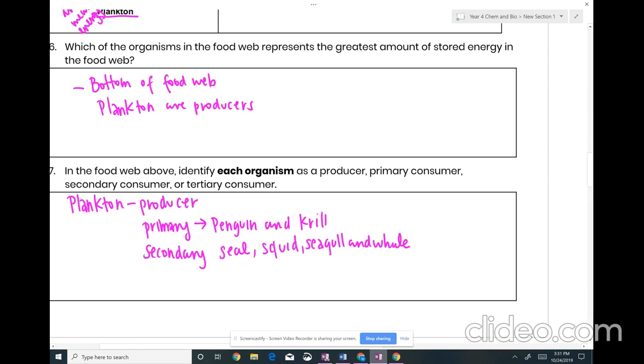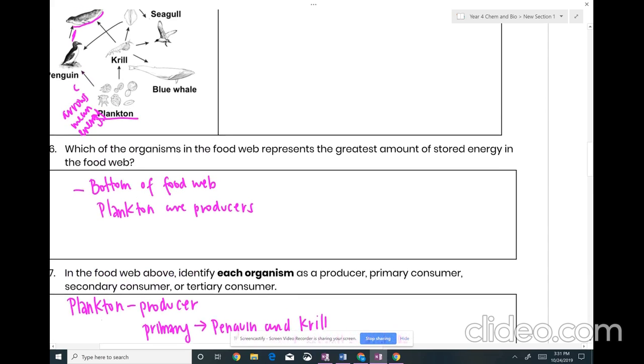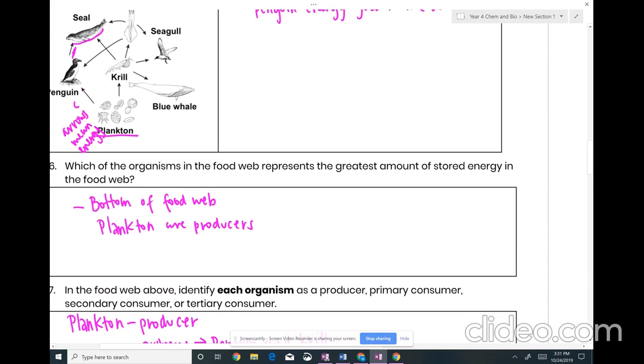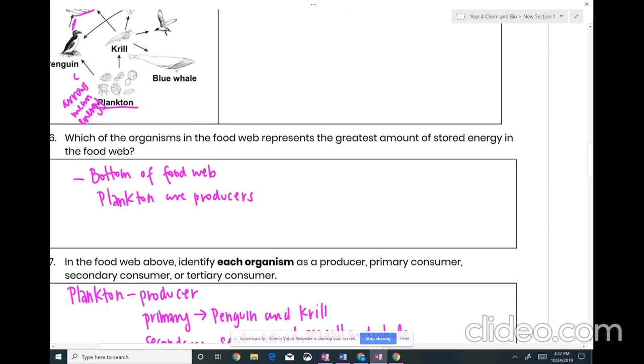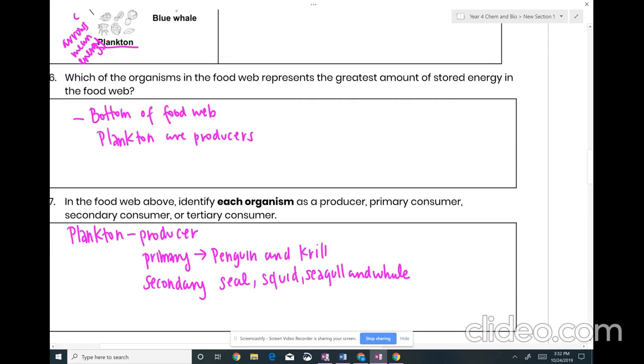Okay, guys. So as I was going through number 7, which is each of the planktons and primary, secondary, and tertiary producers. So we listed plankton as our producer because that is the thing at the bottom of our food web. Then we have our penguin and krill that eat our producers, which is our plankton. Then we see what eats the krill, and whatever eats the penguin or the krill is going to be our secondary, right?